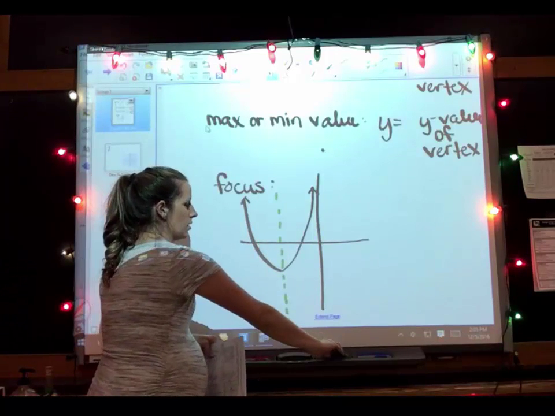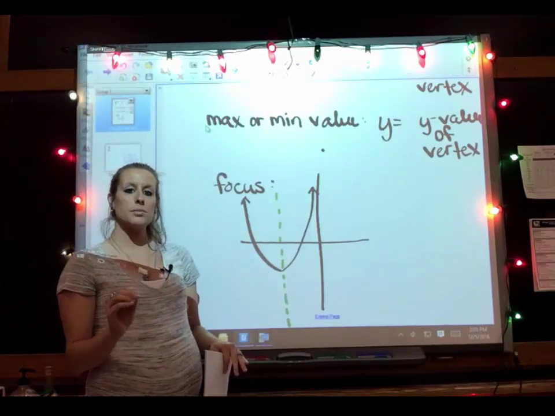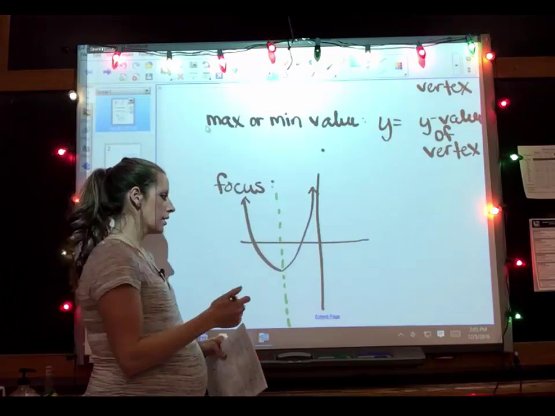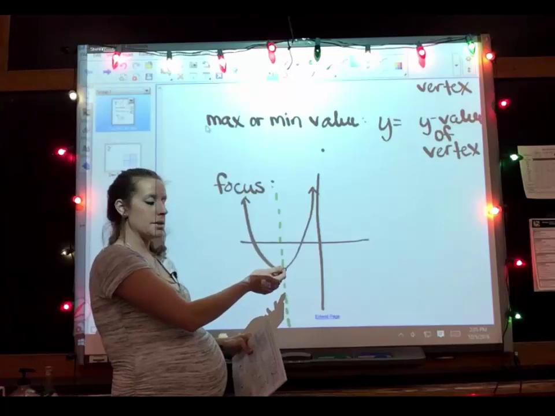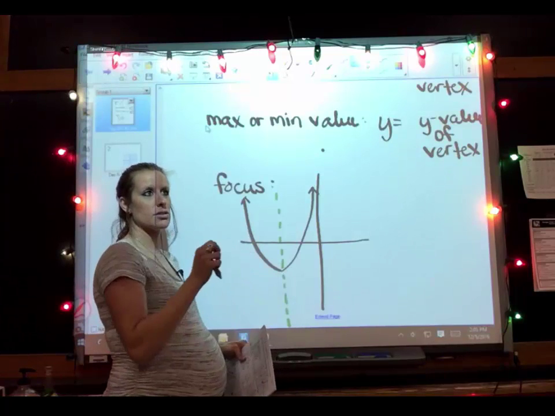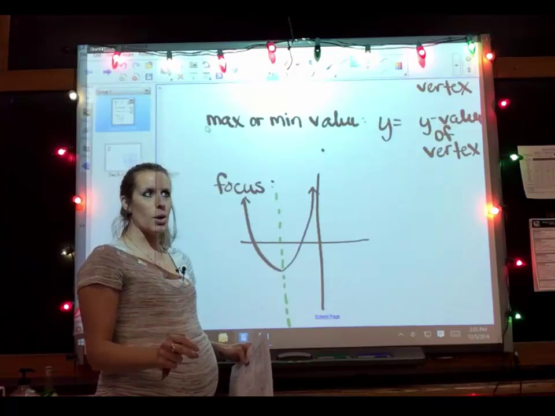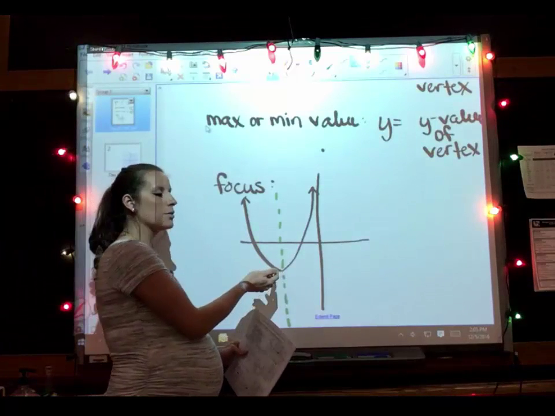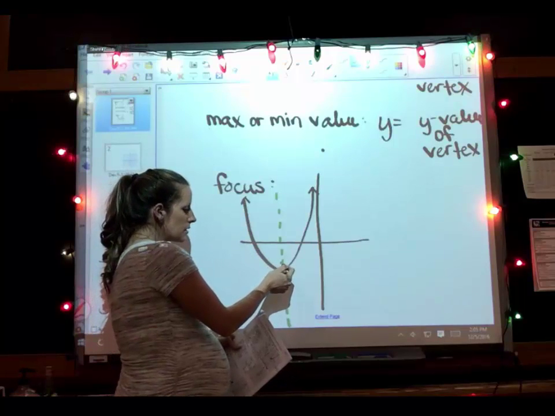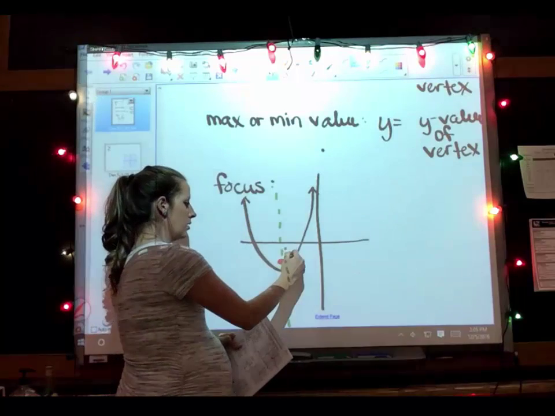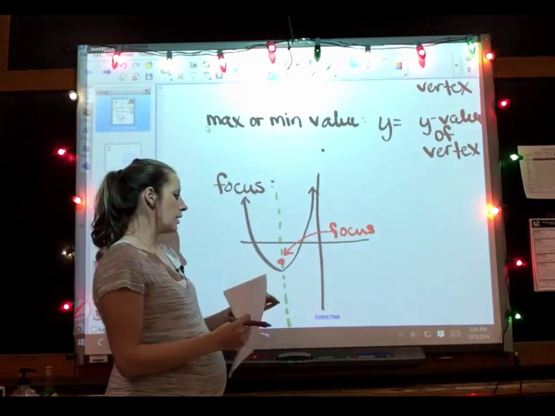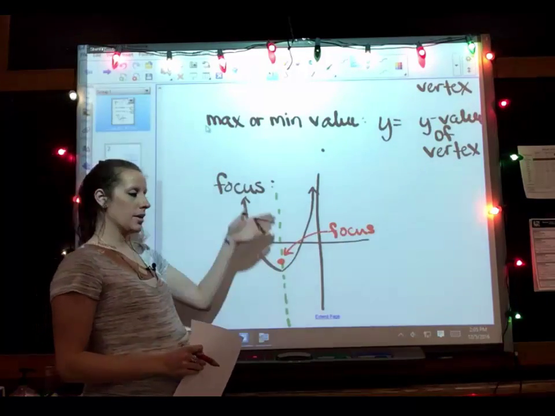My focus point is going to be inside the parabola, but it's still going to be on the axis of symmetry. Usually it's pretty close to that vertex. It's sometimes so close that you can't even plot it. But it's going to be somewhere in here. That's going to be your focus. It's going to be inside the parabola on the axis of symmetry.